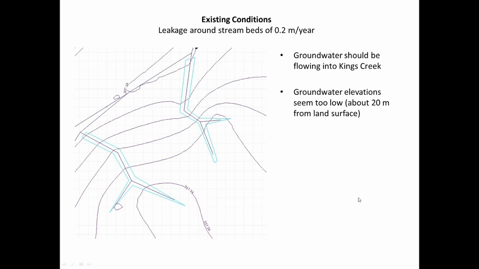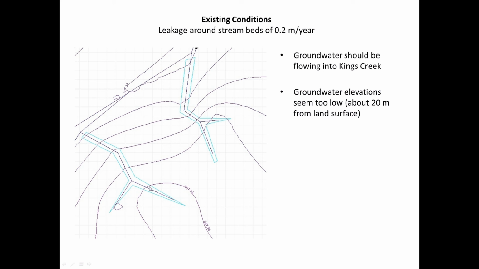I assigned them head specifications, because when I tried to make them resistance specified, it made the groundwater elevations unrealistically low.